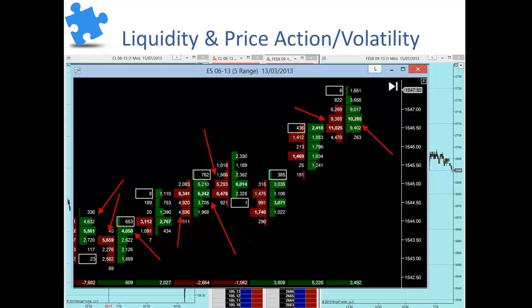On the ES, you'll usually be seeing 1,200 to 1,400 at a level mostly. You might see it a little bit smaller at the inside bid and offer. But of late, if you look at the ES, quite often you're seeing 500, 600. And then other times you'll see 3,000. So it's really just a matter of keeping your eye on it.